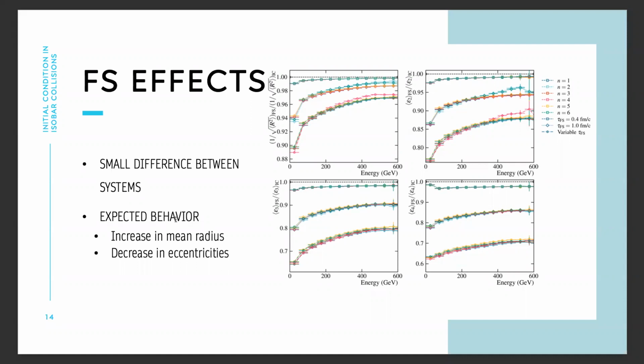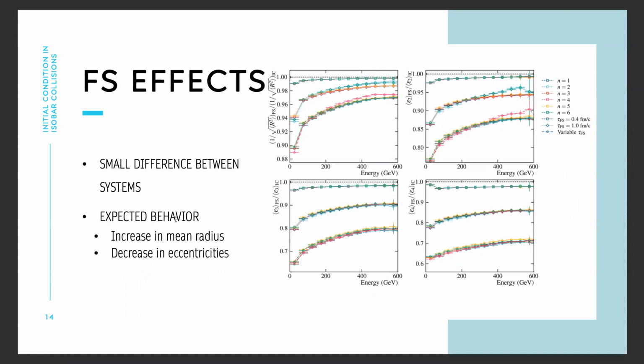The general behavior is what we expect. We see reductions of the eccentricities, and the radius increases, so the inverse of the radius also decreases, and all of them go together with one another. So that's the general look, and it's quite boring.